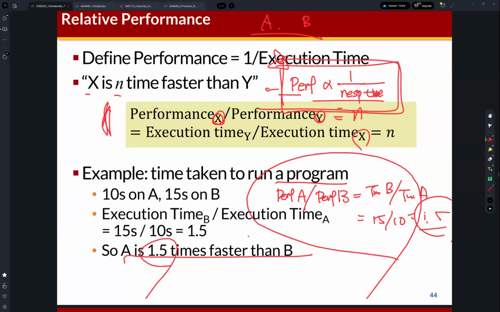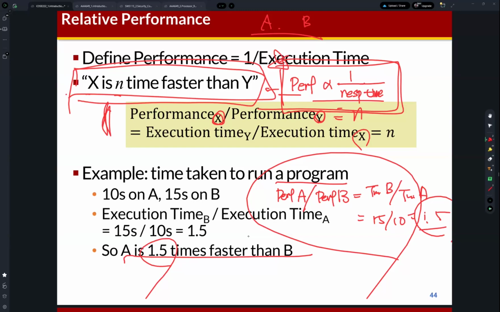If you read the instructions of this assignment, you will find this: if you are requested to compare the performance, then you need to write a sentence like this: X is n times faster than Y, or compared to system Y, X is improved by n%.